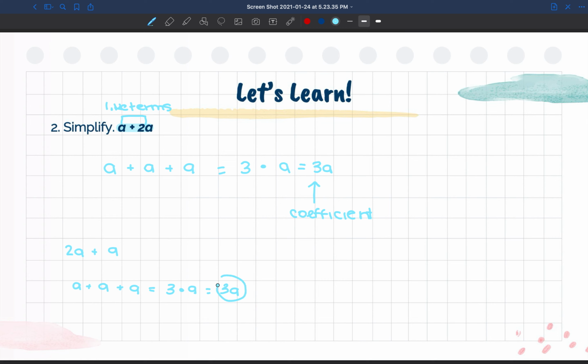This answer is the same as this answer. So both 3A and A plus 2A are equivalent, and they are considered equivalent expressions.